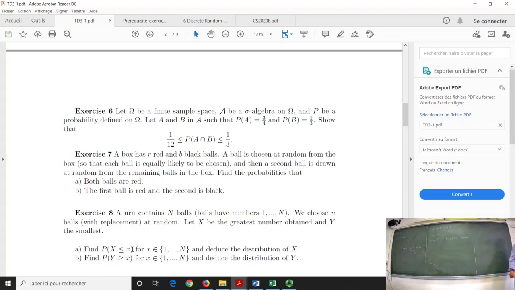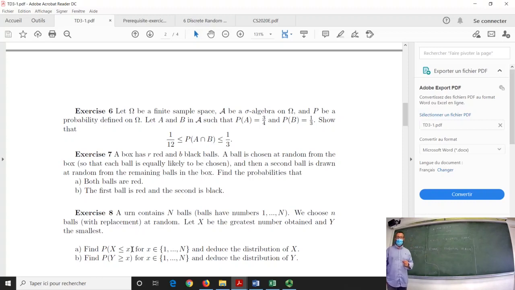Okay. So I have this one. What I know? I know this one. I know this one. I want this one. So it means that to have knowledge about this one, I can write that P of the intersection is equal to P of A plus P of B minus P of the union. In general, it's not this way we use this formula, but we have this.